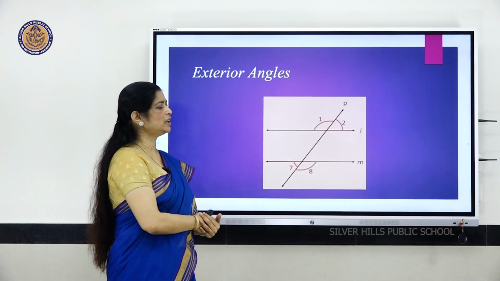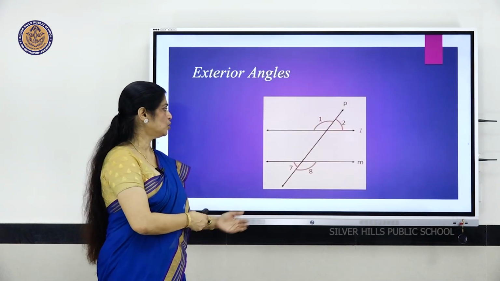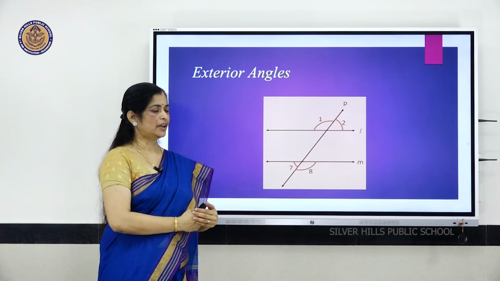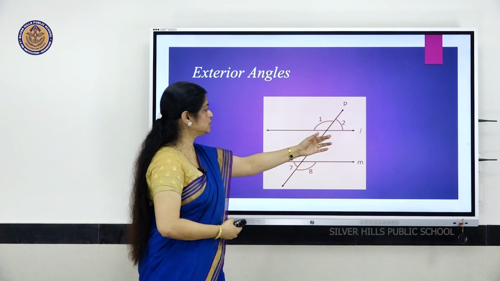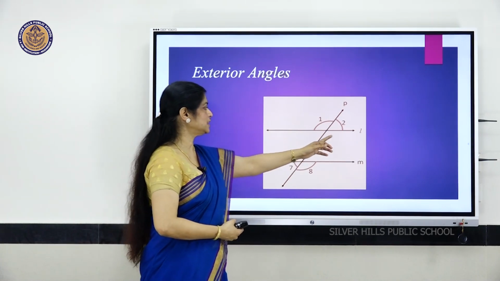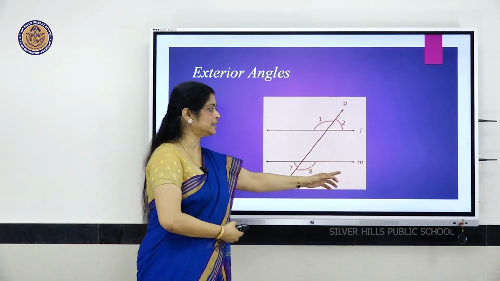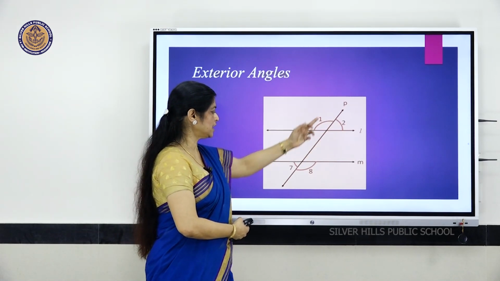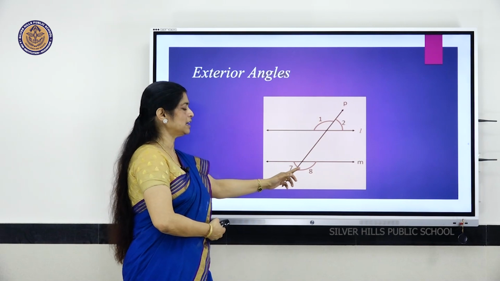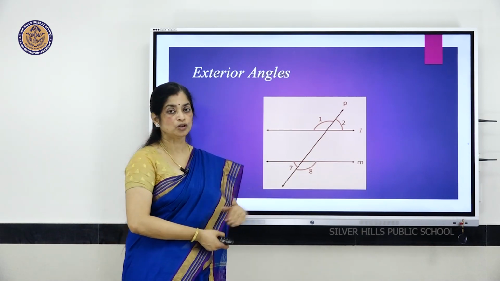Next comes the exterior angle. What is an exterior angle? Exterior again means outside, outside the line L, outside the line M. You can see angle 1, angle 2 which are outside, similarly angle 7 and angle 8 which are also outside.